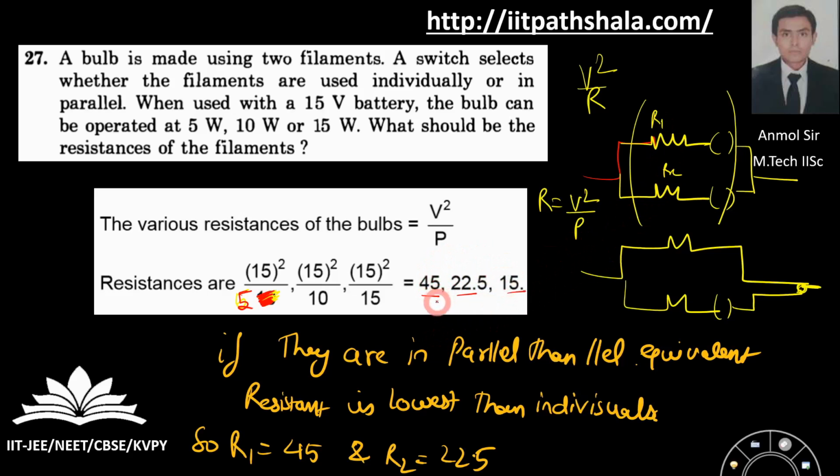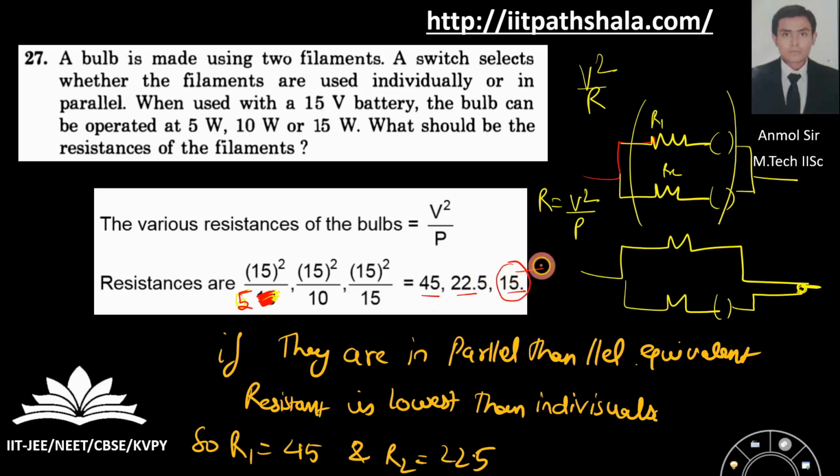Now as you know, if you are connecting two individual resistances in parallel, then you'll be landing up with a resistance which is less than your individual R1 and R2. This you know from your concept only. So just check out the least resistance. 15 ohm is the least resistance in all of the cases.